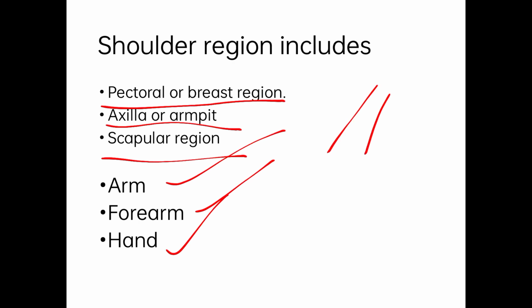There are 5, 1, 2, 3, 4, 5. 5 fingers basically, so 5 metacarpal bones. Now, 5 digits. We have 5 fingers, 5 digits. Each finger is supported by 3 phalanges, but the thumb has only 2 phalanges, total being 14 phalanges.